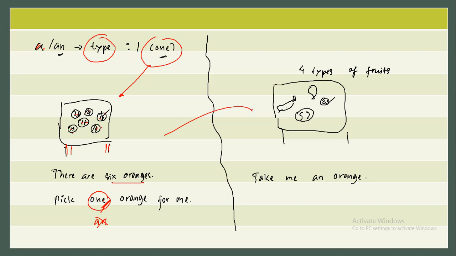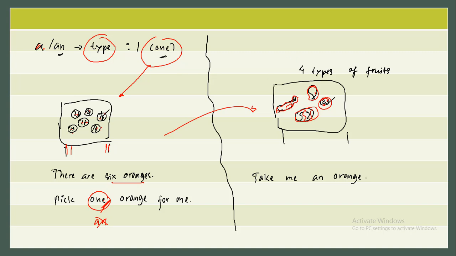But the situation will be different when we are dealing with this one. There are 4 types of fruits: mango, orange, watermelon, and banana. So when we get this one, there are 4 different types of fruits: orange, mango, watermelon, and banana.